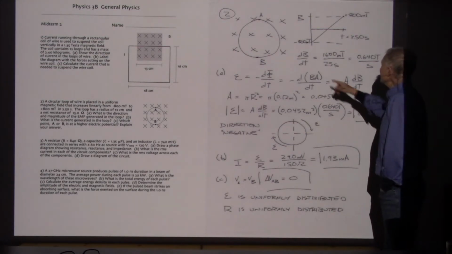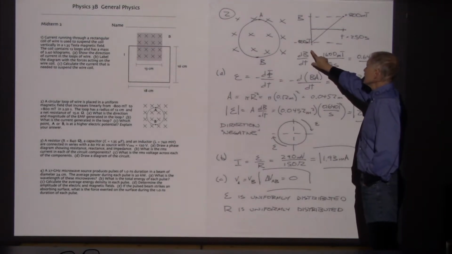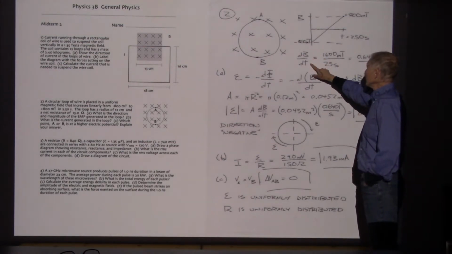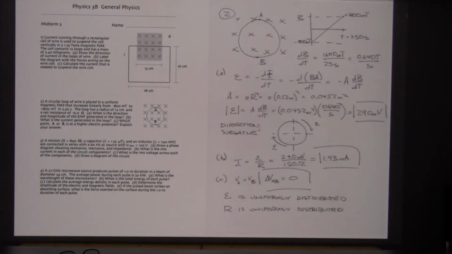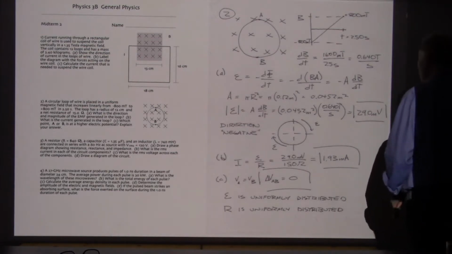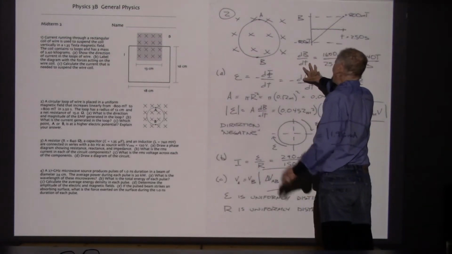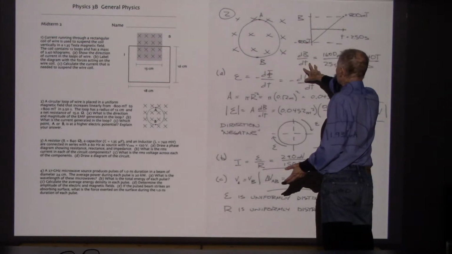Now dB dt I can think of as just delta B over delta t, because the magnetic field is varying in a linear fashion. It's a steady rate of change, and for those examples we don't have to use any rules from calculus.